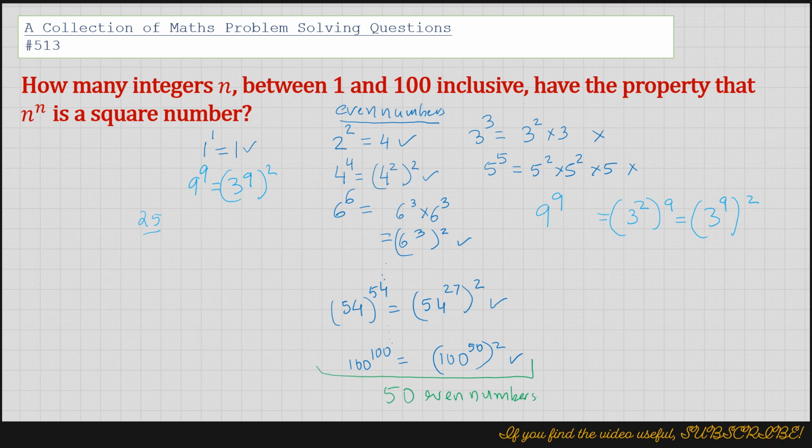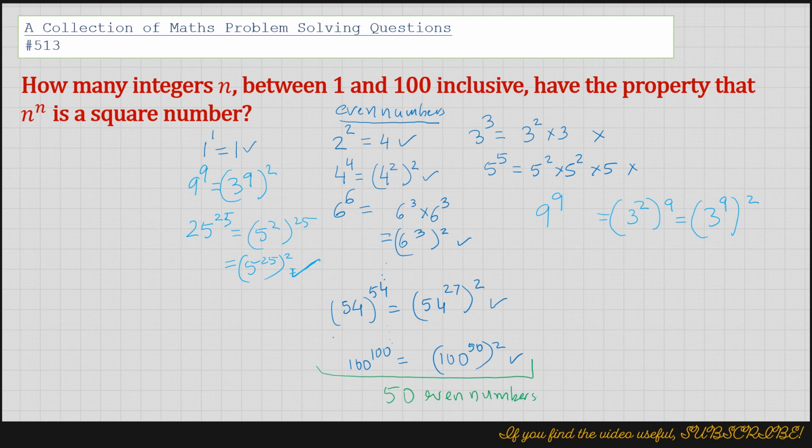Let us see if we can do the same. 25 to the power 25 we can write as 5 square to the power 25, that is 5 to the power 25 whole squared, and that fits the definition of a square number.